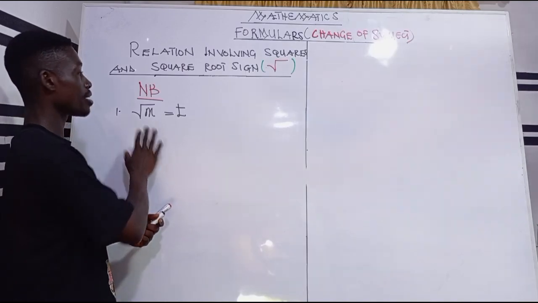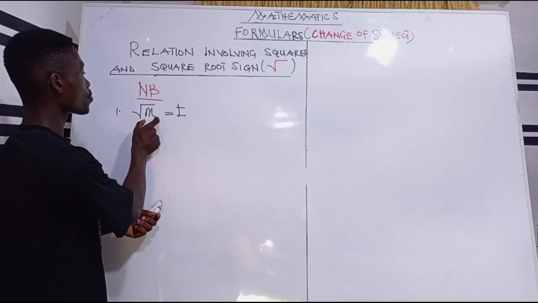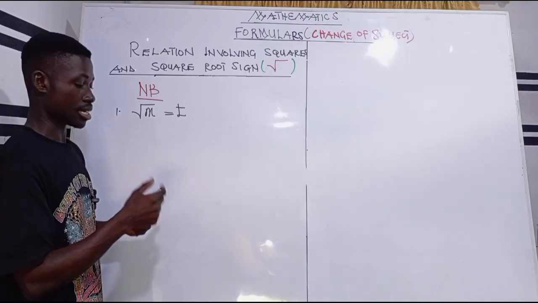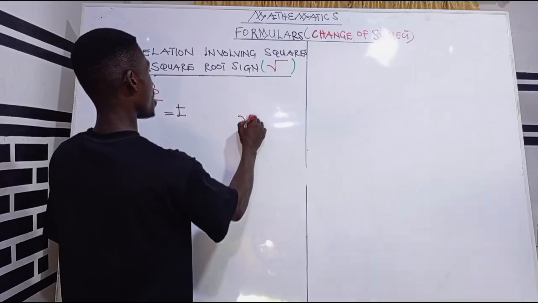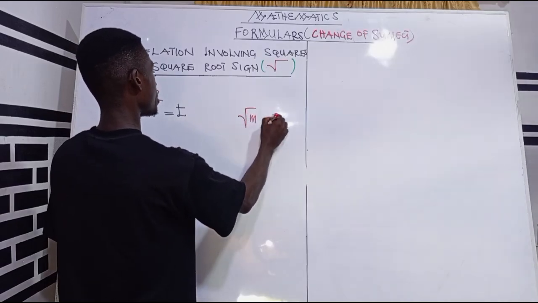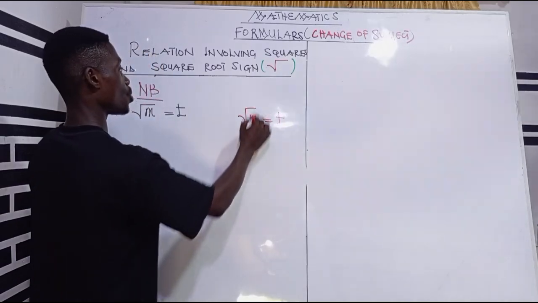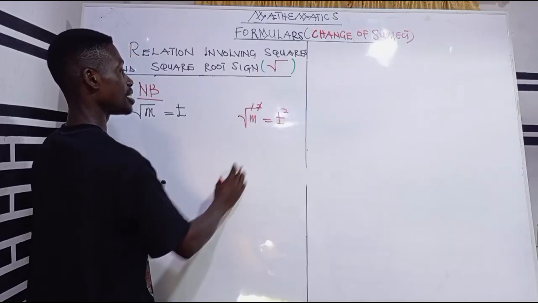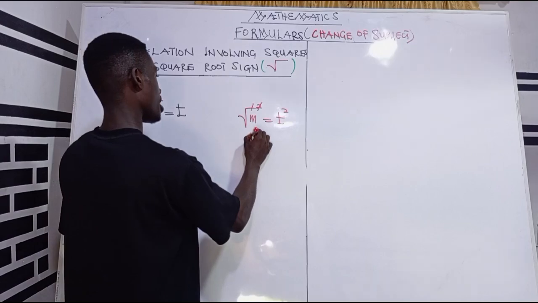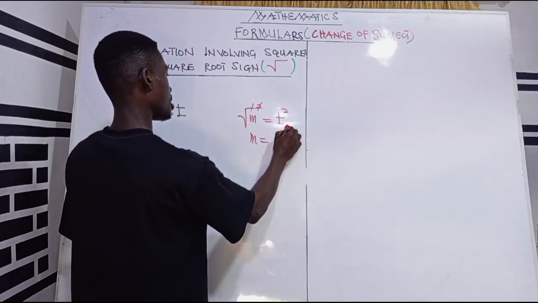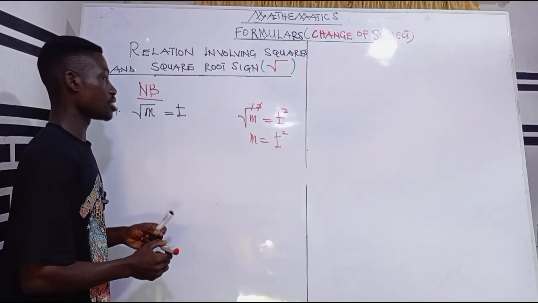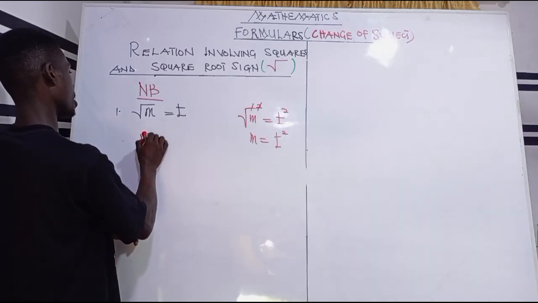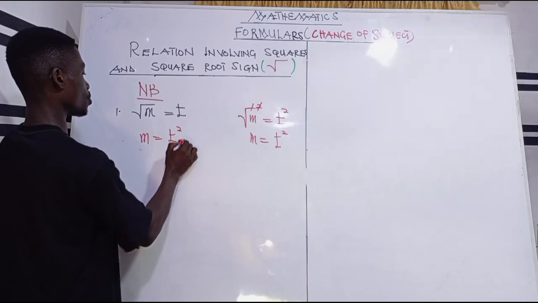So to do away with the radical sign, we square both sides of the equation to cancel the square root sign. So we have m is equal to t squared. Very, very simple.